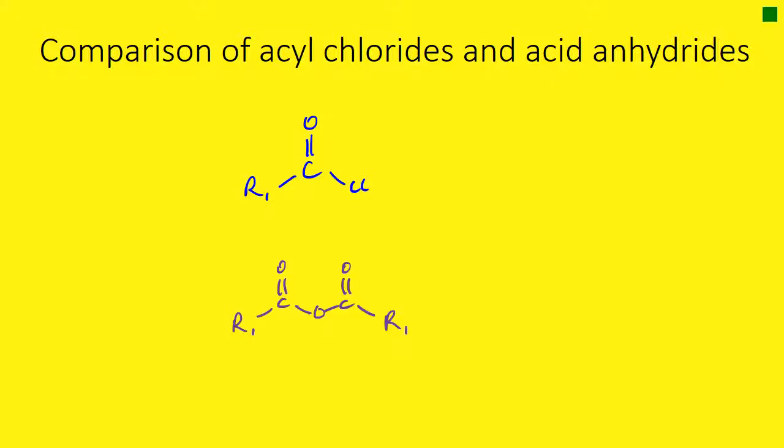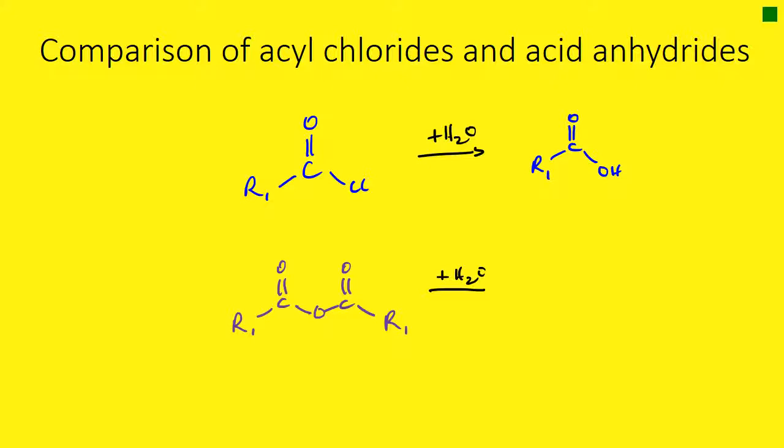And so let's say we're going to react both with water and compare those reactions. We're actually going to get the same important product. So with the acyl chloride, you're going to get the acid that looks like this, with an OH replacing the chloride and the same R1 group.